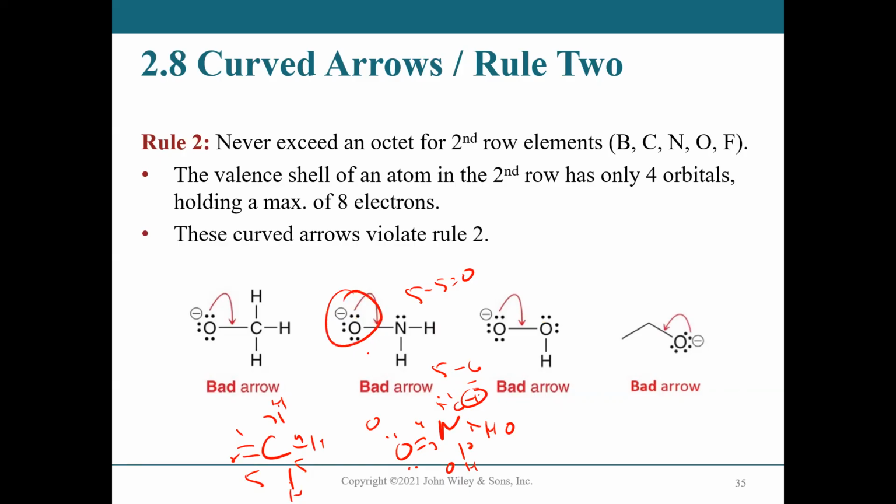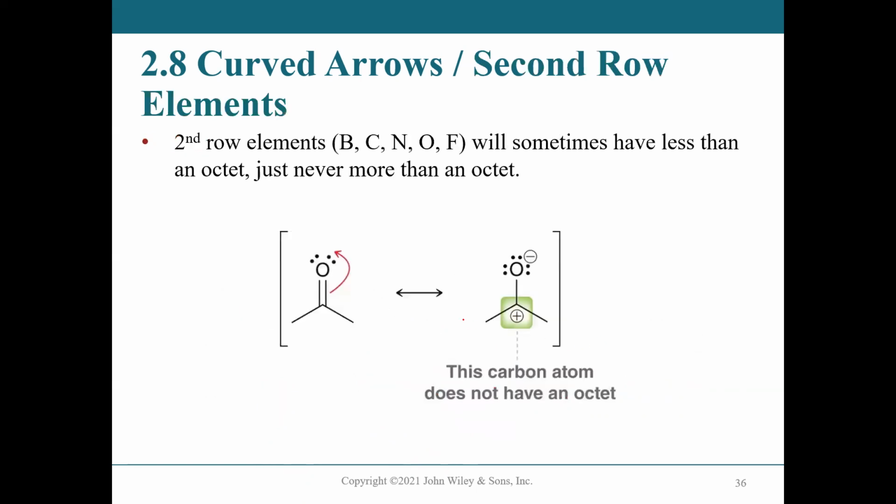So that's why you should learn something about the trends of electronegativity. So we can have these formations right here, and we put the carbocation right here. The carbon atom does not have an octet, but now you can have reactions happening right here at this point.